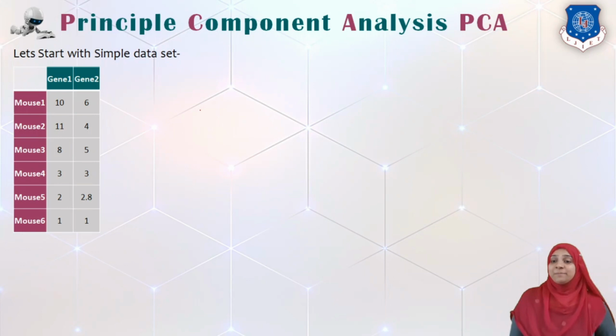Let us understand PCA first with the help of one example. This example I will first demonstrate graphically and then we will look into the mathematical steps or actual steps of PCA. So let me demonstrate this example diagrammatically so you can visualize how dimensions are getting transformed.